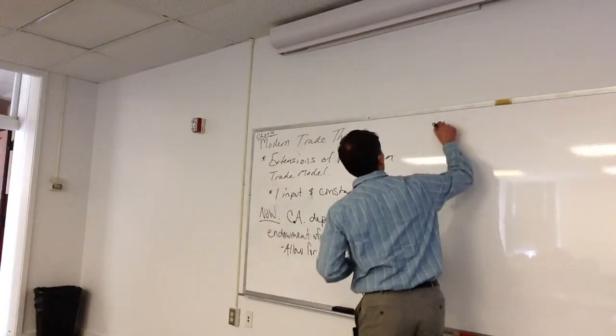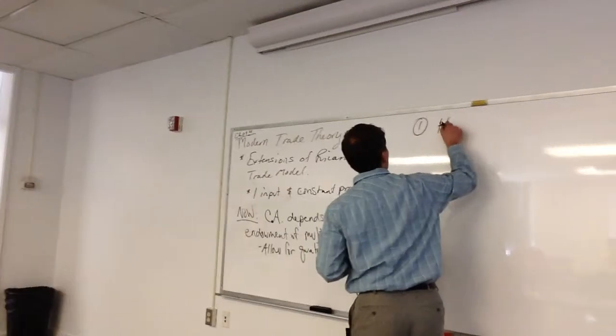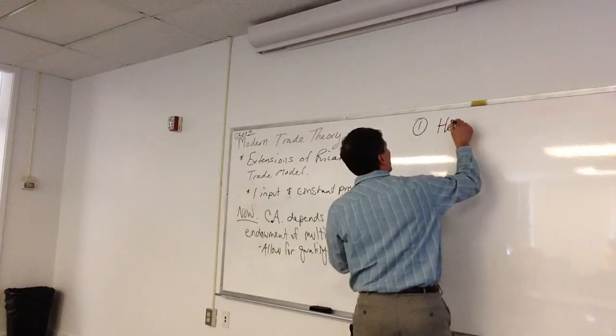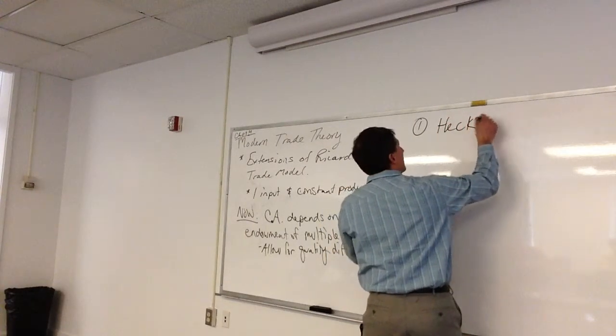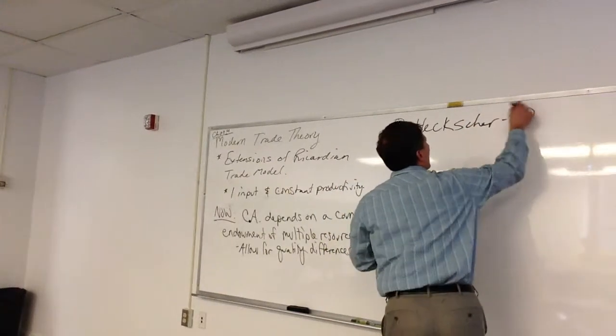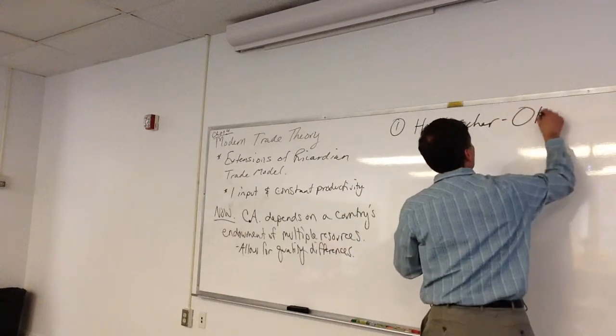And so our first one we're going to look at is called the Heckscher-Ohlin model, the HO model.